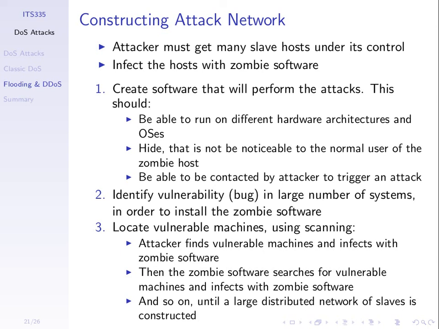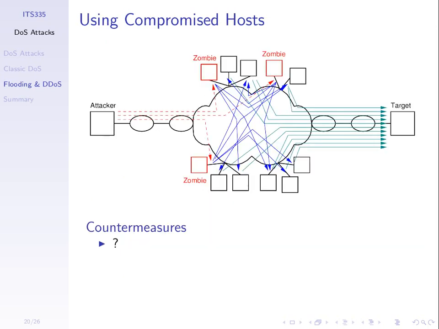So scan for machines, infect them, and then the zombie software automatically searches for other computers to infect. So we can have it at different levels. It's not just infect these 3 computers, but then they automatically try and find other computers to infect. And you get larger and larger. And that's how botnets of, say, millions of computers are created.